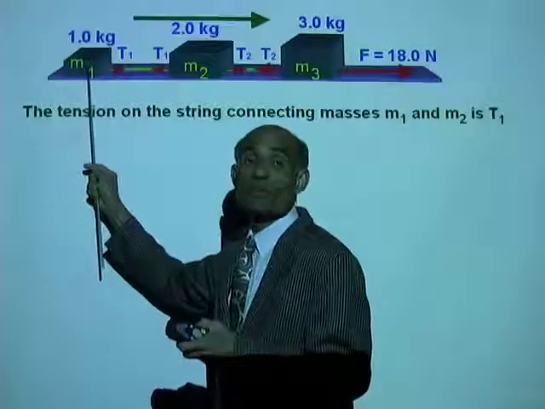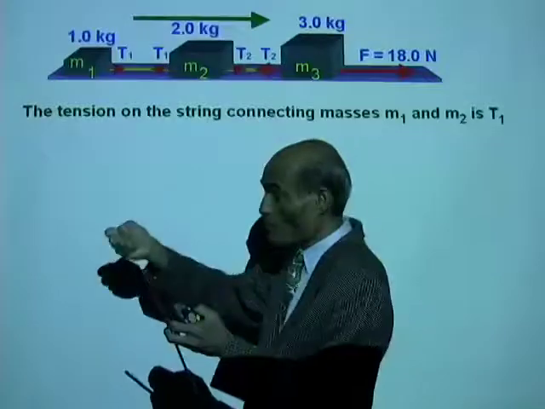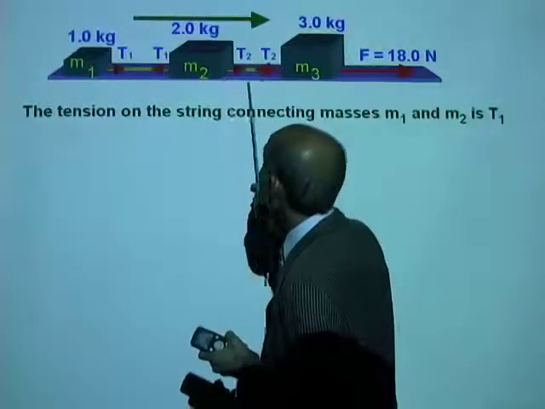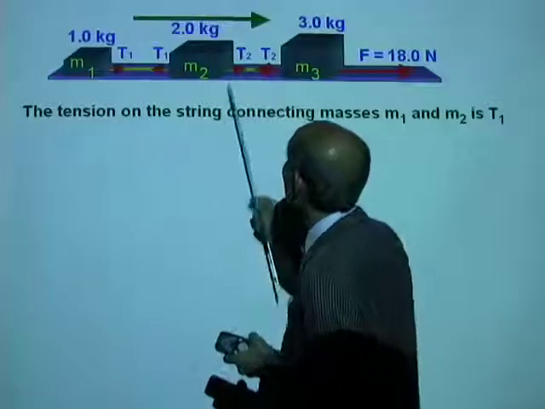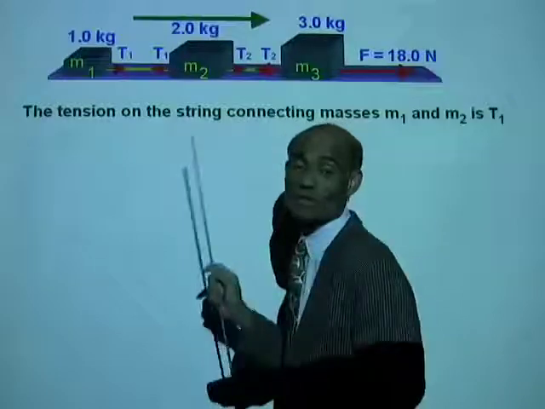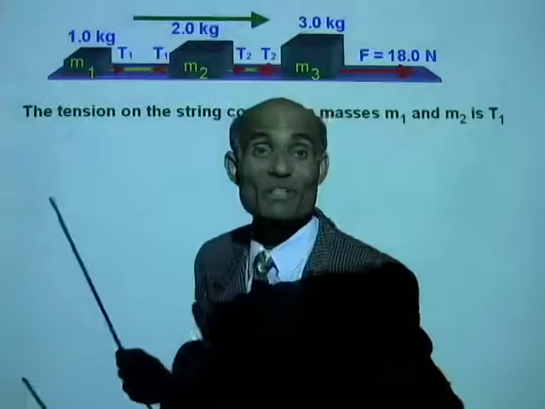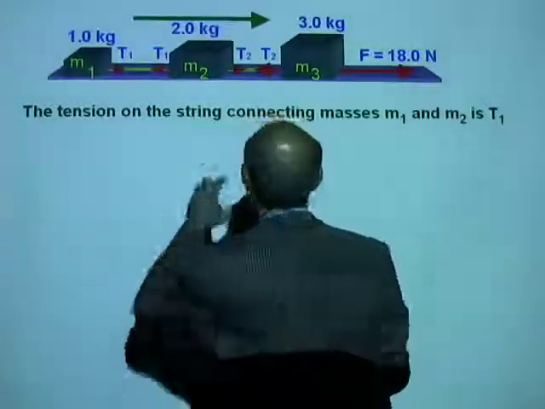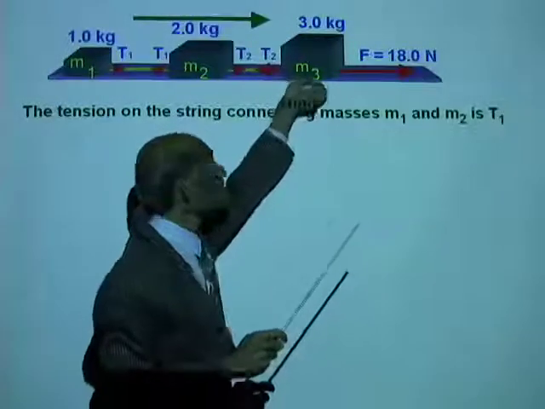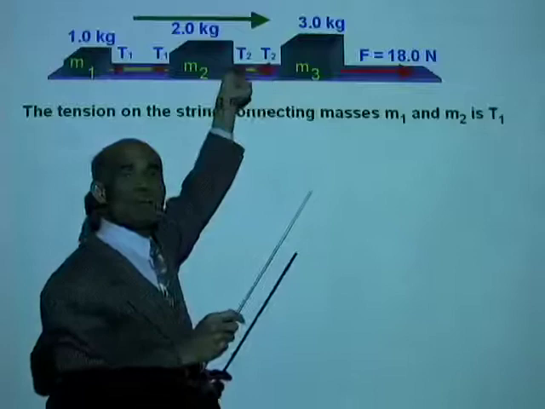Whereas when you look at the motion of m1, T1 is pulling it forward. And the string that is connecting m2 and m3, let the tension be T2. Look at the directions of that T2. When you consider the motion of m3, that T2 is pulling it back.